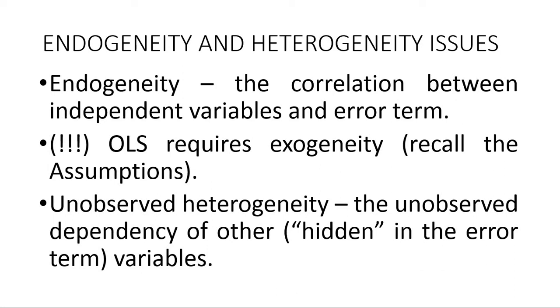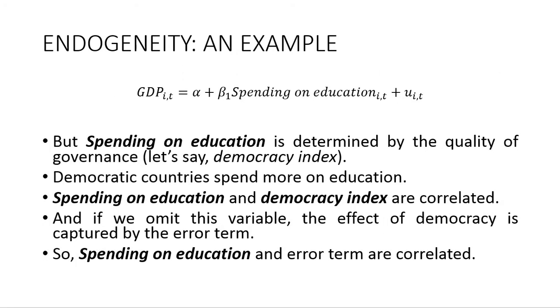Probably it looks very complicated, so let us discuss this based on our example. So imagine that you would like to analyze how the value of GDP depends on spending on education, which makes sense because spending on education increases human capital, which improves productivity and increases the volume of output.